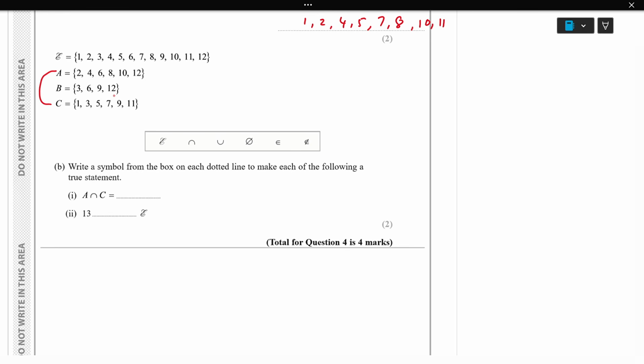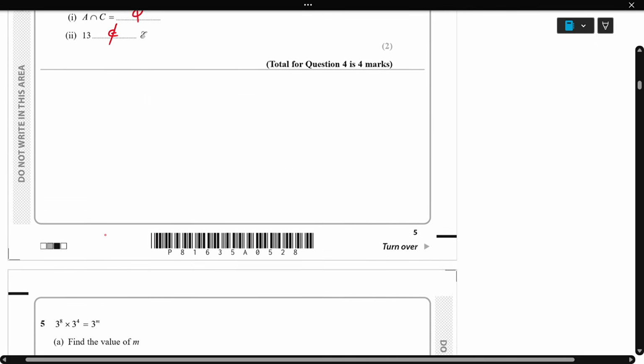There is no common element in A and C, so it is empty, and this sign means empty. Next, 13. The universal set has no 13, so 13 does not belong to the main set.